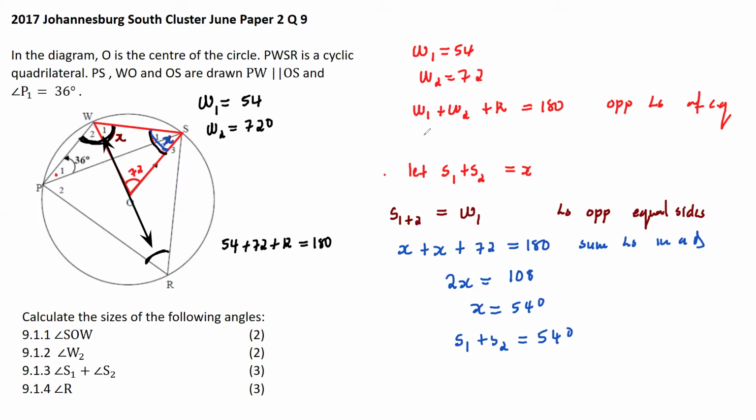W1, who are you? I'm 54. W2, who are you? I'm 72. Then R is equal to 180 minus that. So when you do your maths proper, the value of R is 54. Good. Happy about that? That's what you have right there.